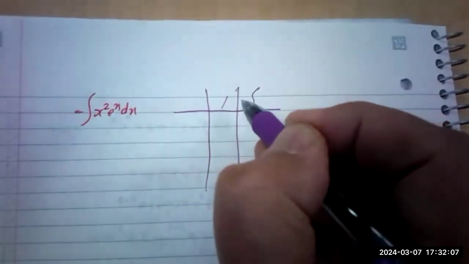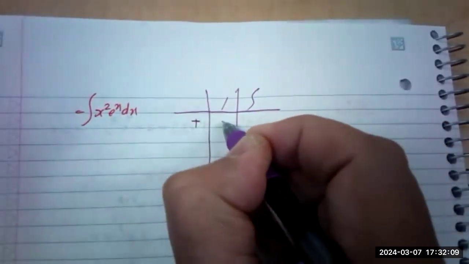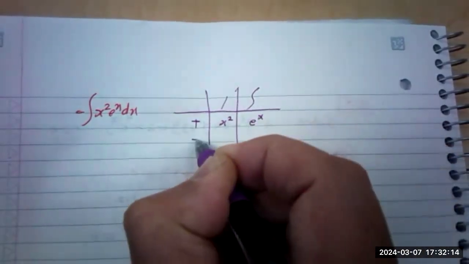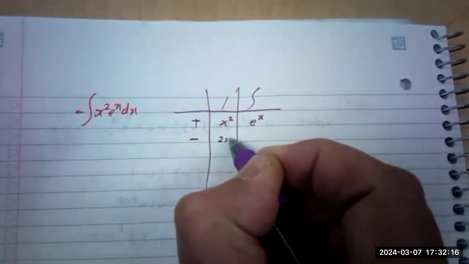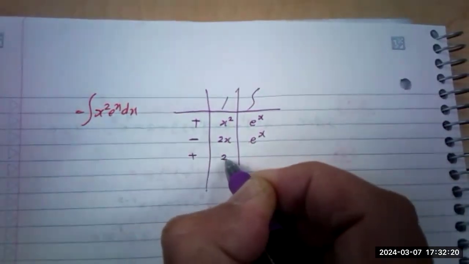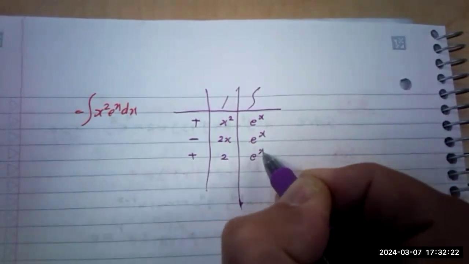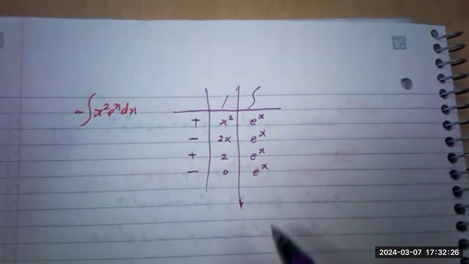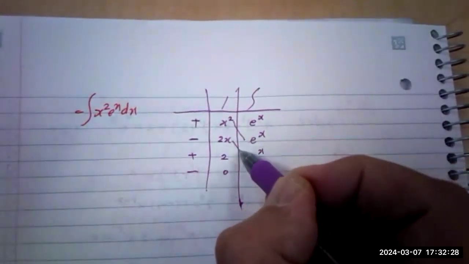So differentiate, integrate, sign is positive, start with the x squared, and this is e to the x. So it's going to be minus, differentiate 2x, integrate again e to the x. Positive, that gives you 2, e to the x. Negative, that gives you 0, and e to the x. Okay, so you put them together.